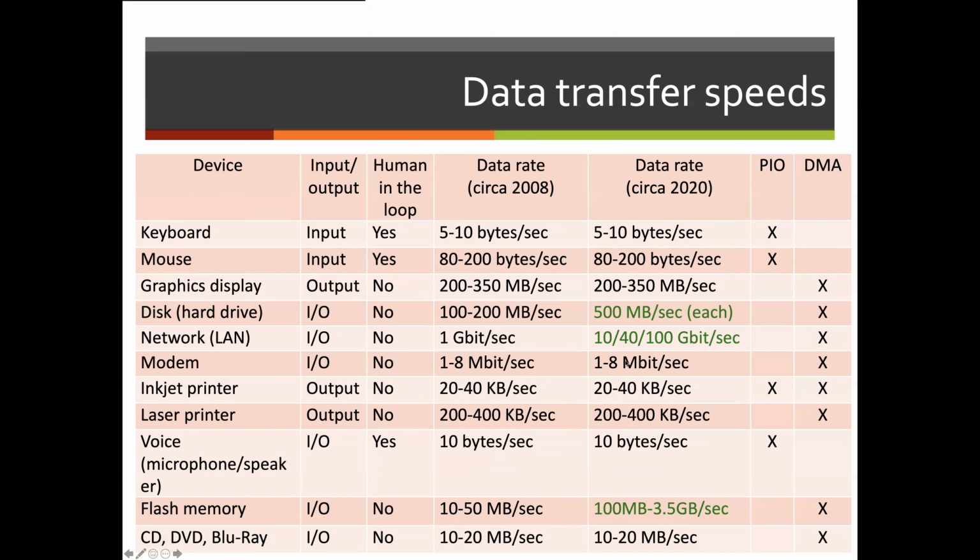Modem speeds have remained pretty consistent, and other peripheral devices, printers and whatnot, have remained consistent. Flash memory has improved by a factor of 10. And you want to notice that in each of these cases, the improvements have been made thanks to direct memory access.